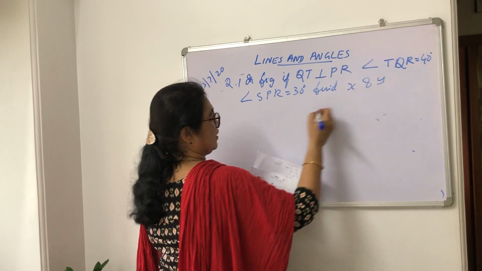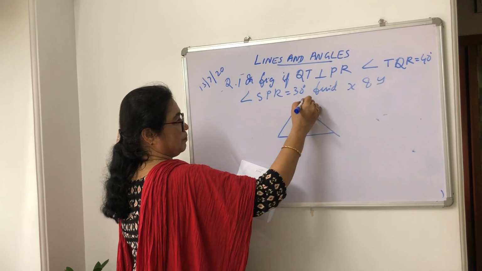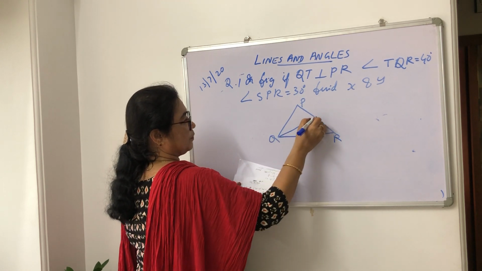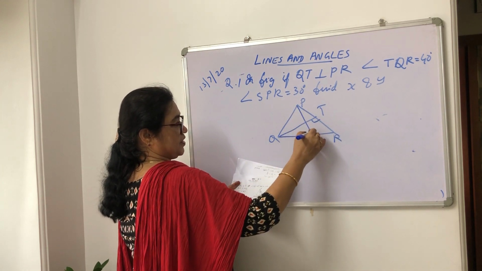The figure is given like this. PQR, QT is perpendicular, then this PS.